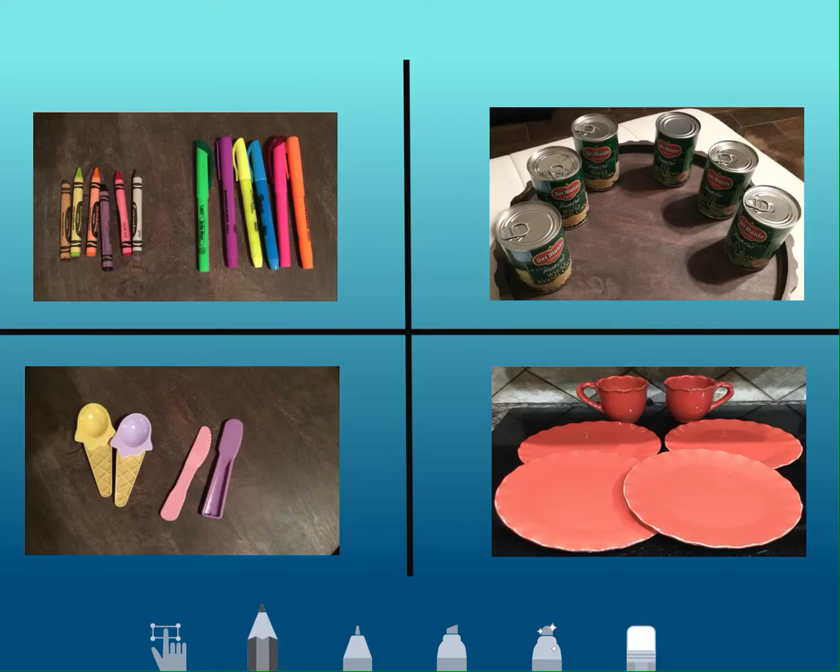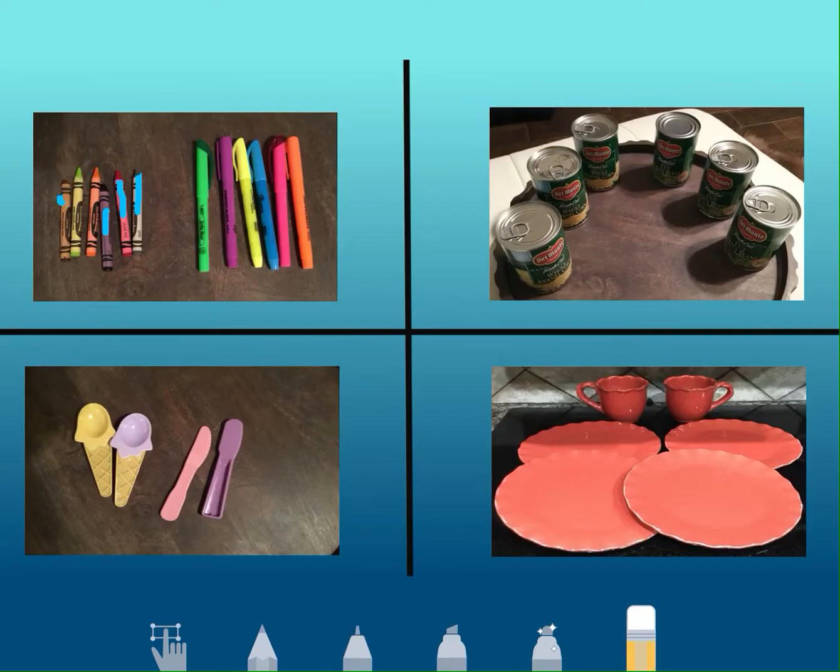Well, I'm going to count to see just how many markers or how many crayons I have. Okay, so I have 1, 2, 3, 4, 5, 6 crayons. Okay, 6 crayons.